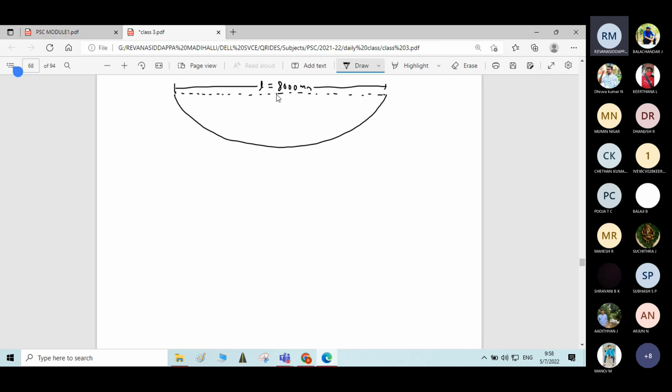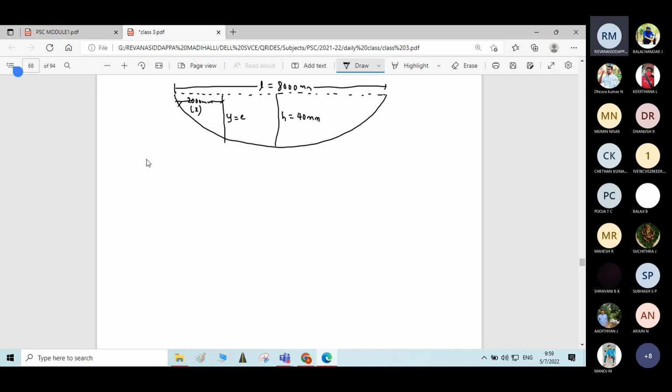Here at the center, we have an eccentricity of 40 mm, but we are interested in calculating the eccentricity at 2 meter, means 2000 mm from support, which is nothing but x as per the equation of the parabola, and e is nothing but y.